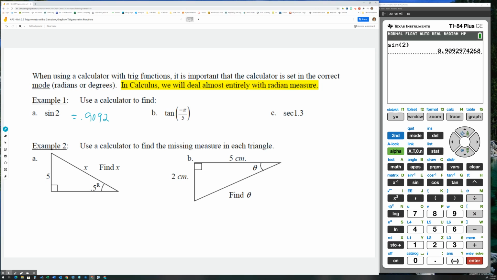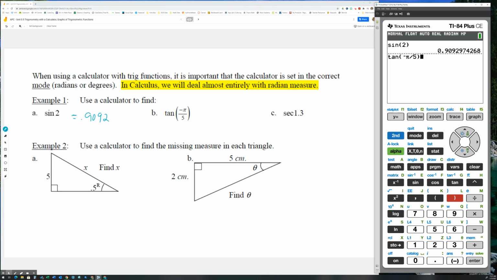Tangent. In order to enter this again, we use the tangent button, and we're going to enter negative pi over 5. Keep in mind, the negative is the one underneath the 3. So negative, press our pi, which is above the caret, second pi, division, and 5, close parentheses. Be sure to close the parentheses and be sure that all of that's inside them.